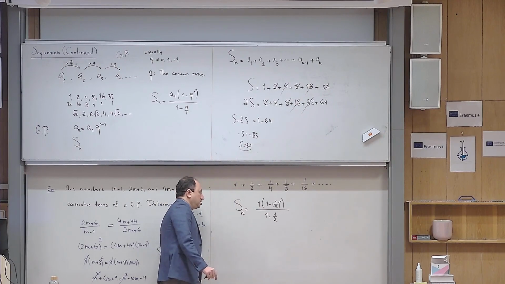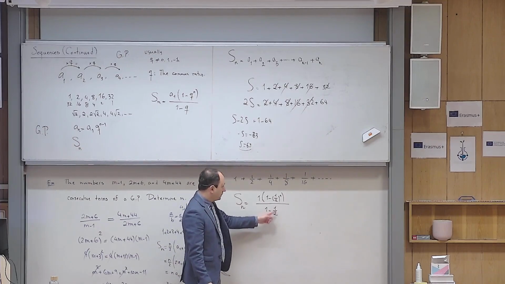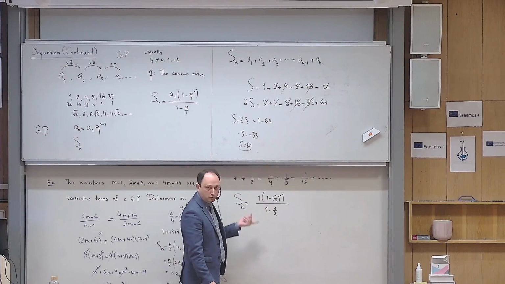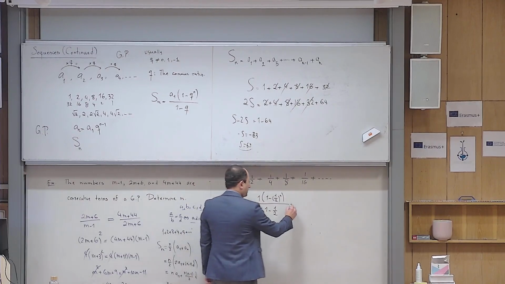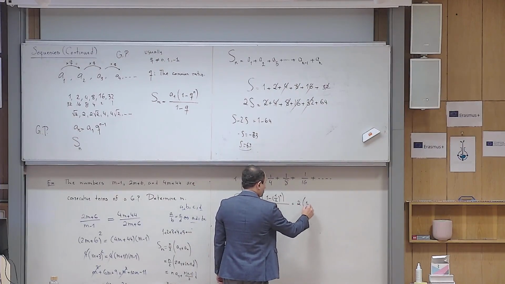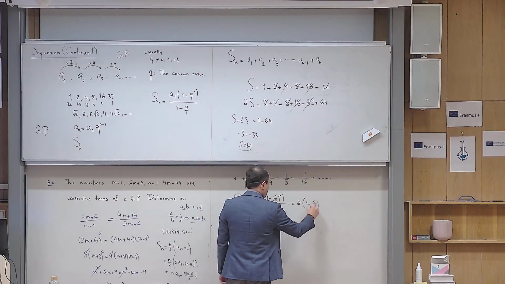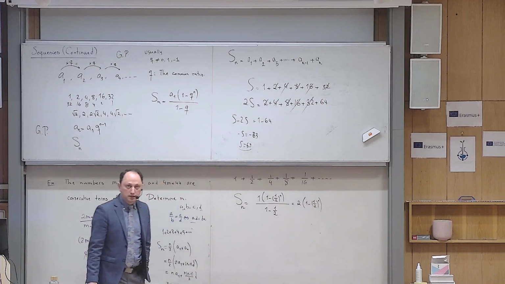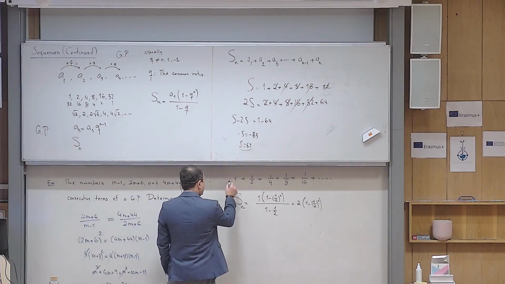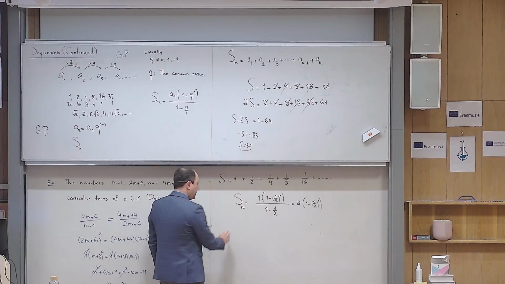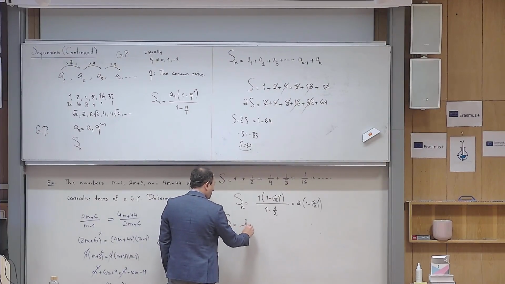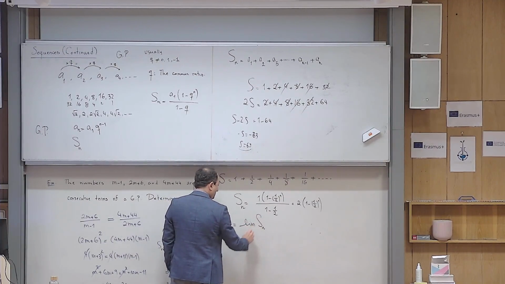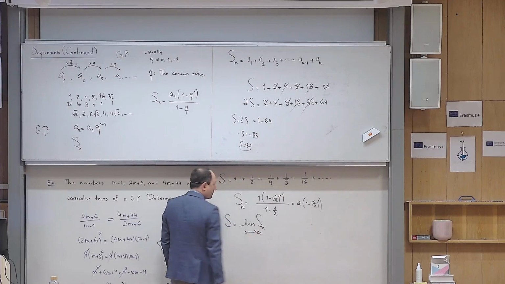Let us simplify this. 1 minus 1 half is 1 half, and 1 over 1 half becomes 2. So 2 goes up, and it becomes 2 times (1 minus 1 half to the power of n). So this is Sn. Now let me call the infinite sum S. S is the limit of this Sn when n becomes extremely large.